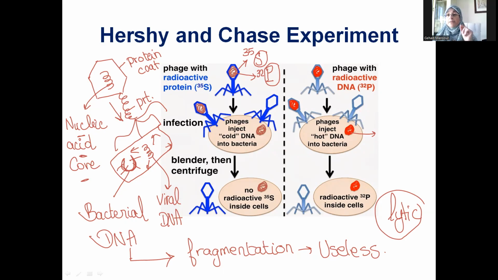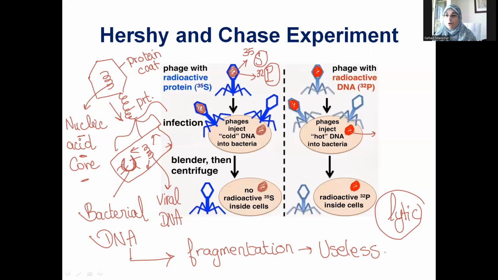At that time it wasn't yet known that DNA is the genetic material, but it was known that the material that is injected is the genetic material. So we want to know which material will be injected, because the material that is injected controls the replication of the virus, and therefore it is the genetic material.